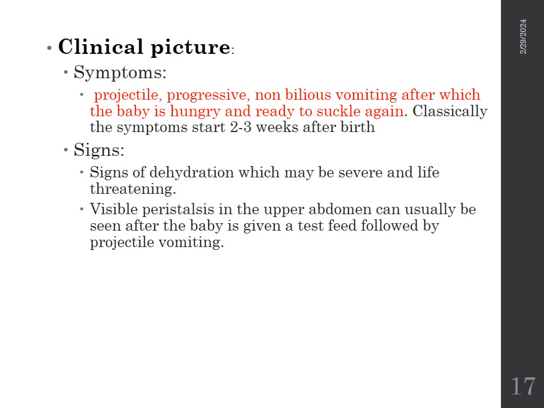The signs of dehydration may be very severe and life-threatening. On exposing the abdomen, visible peristalsis can be seen in the upper abdomen after the baby is given a test feed, followed by projectile vomiting.